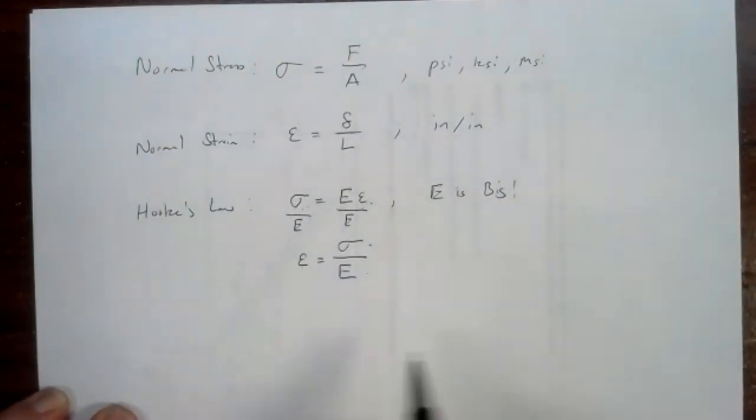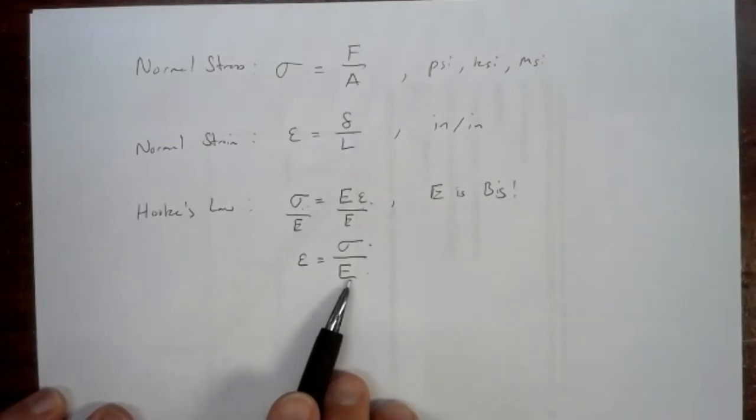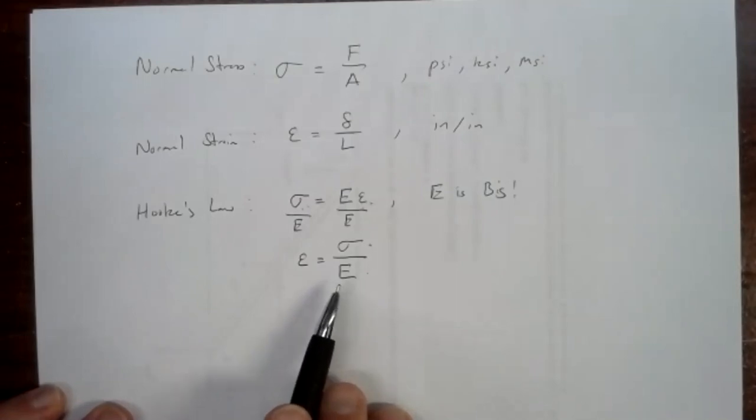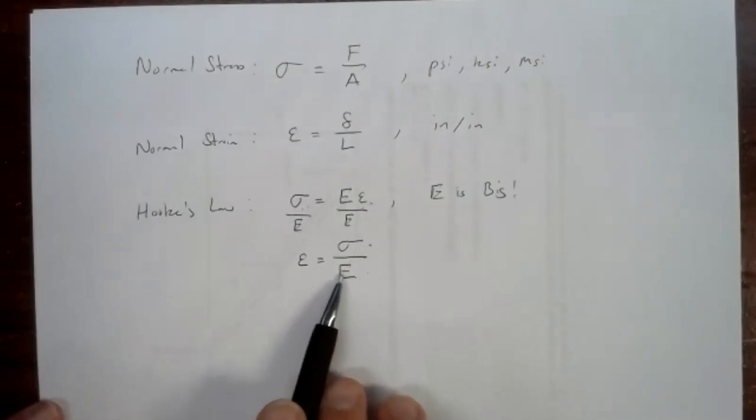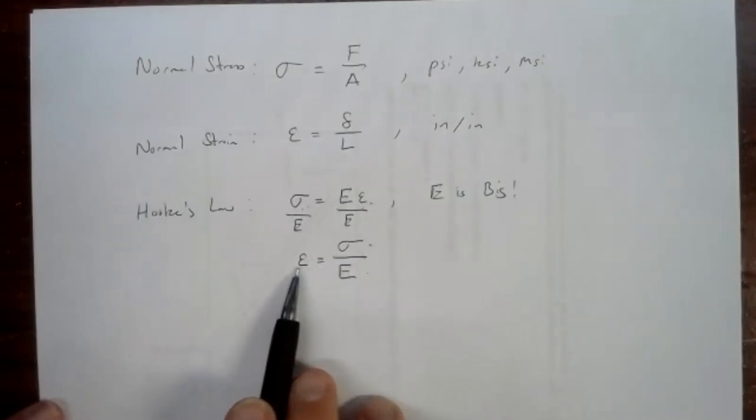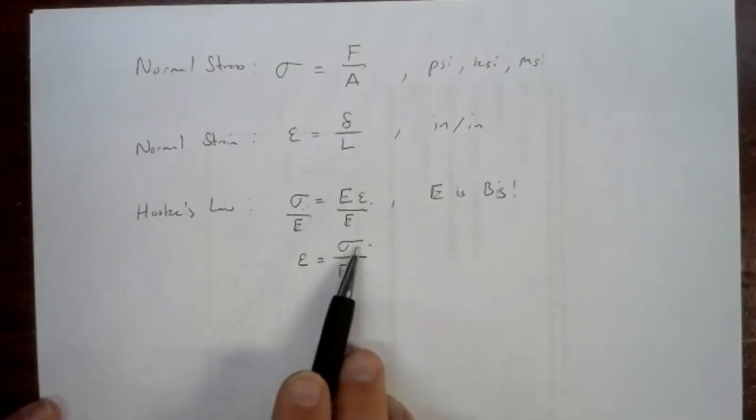So you can actually attach different values of the Young's modulus to different materials. If you have, for example, a very stiff material, a material that doesn't change size very much, a very rigid material, then its Young's modulus is very big, because in order to get any kind of strain out of it, any kind of change in shape, you're going to have to apply lots and lots of stress.